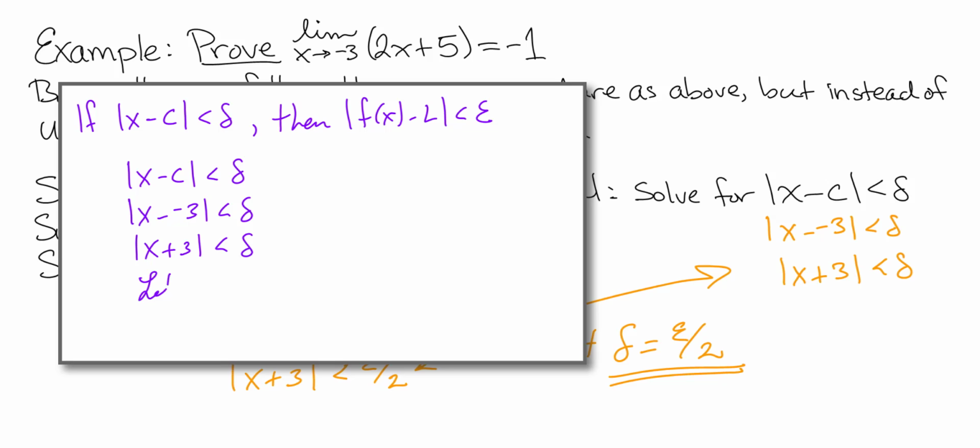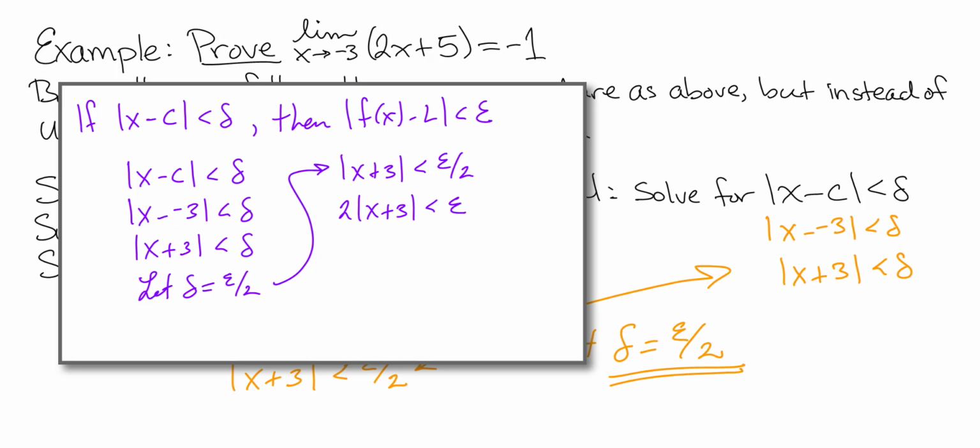And here we would say, let delta equal epsilon over 2. If we do that, then we get the absolute value of x plus 3 is less than epsilon over 2. Multiplying both sides by 2, we have 2 times the absolute value of x plus 3 is less than epsilon.